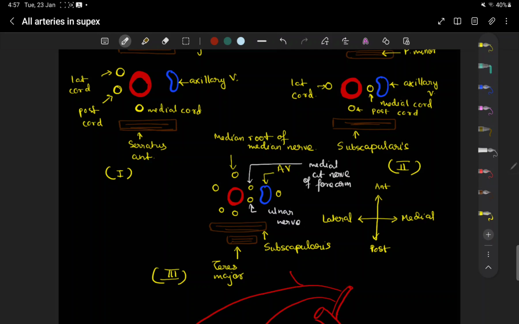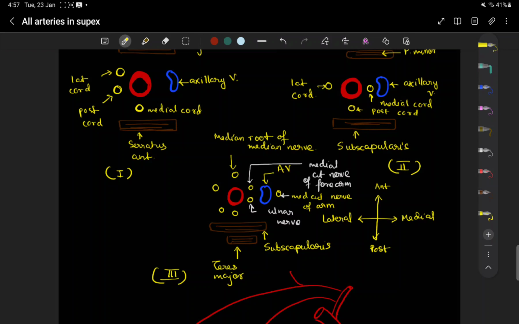If you have to differentiate between the ulnar nerve and the medial cutaneous nerve of forearm, generally during dissection the teachers teach that the ulnar nerve is present a bit deeper. So if you take a forceps and find it out, the ulnar nerve would be present deeper, and both of these nerves are actually present between the axillary vein and the axillary artery. So it's a very important landmark. And the one present even medial to this axillary vein is the medial cutaneous nerve of arm. Yes, I said artery instead of nerve, I guess. Nerve.